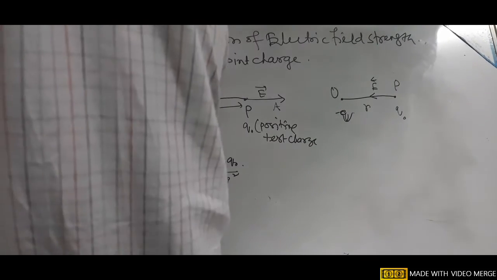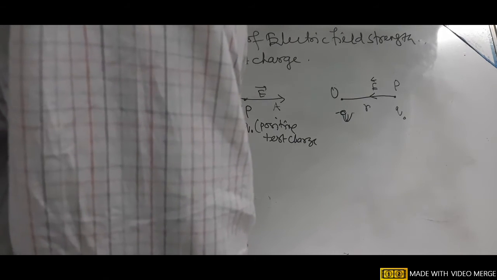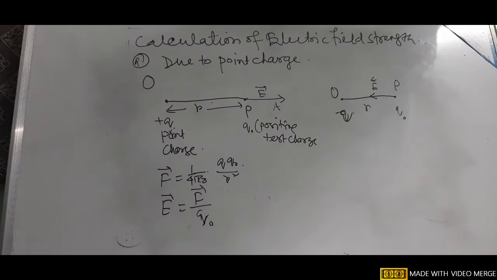So the electric field will be equal to F by Q naught, where Q naught is the positive test charge. So this will be 1 by 4 pi epsilon, Q by R square.